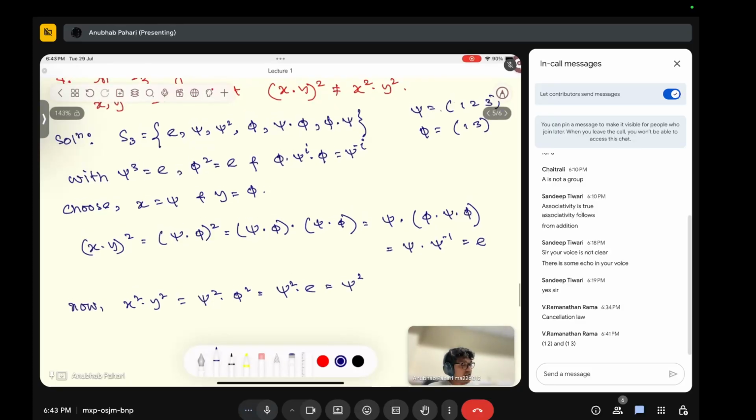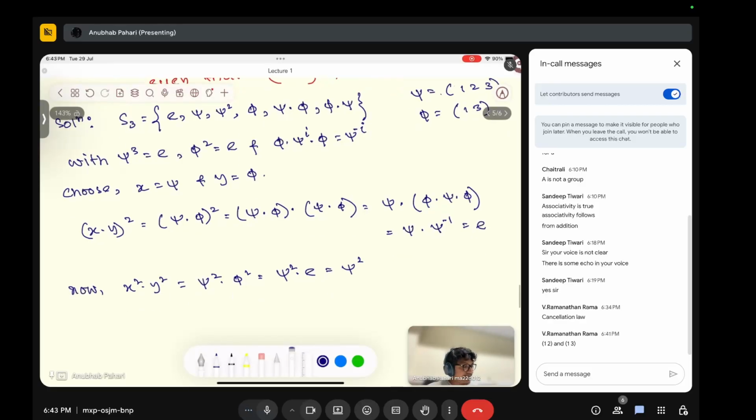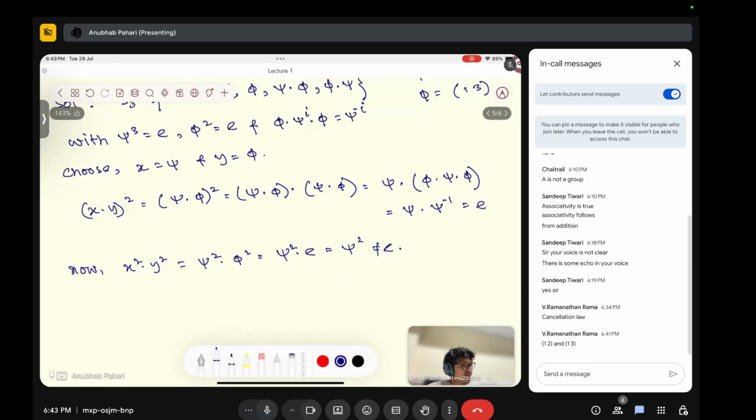And we know that psi cube is E, so this is not equal to E, so we are done.